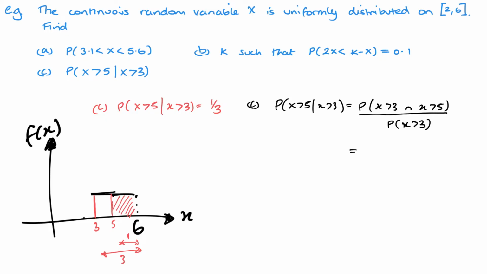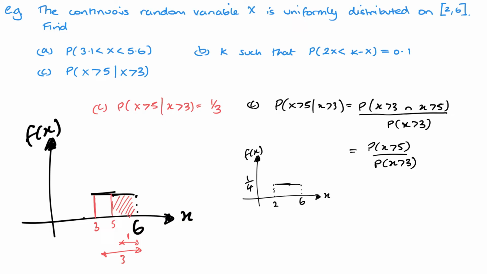Now we know that the intersection of where x is greater than 3 and x is greater than 5 would just be x is greater than 5, isn't it? Just imagine the rest of my diagram here: greater than 3, greater than 5, where they intersect is only greater than 5. So this would be the probability where x is greater than 5 over the probability where x is greater than 3.